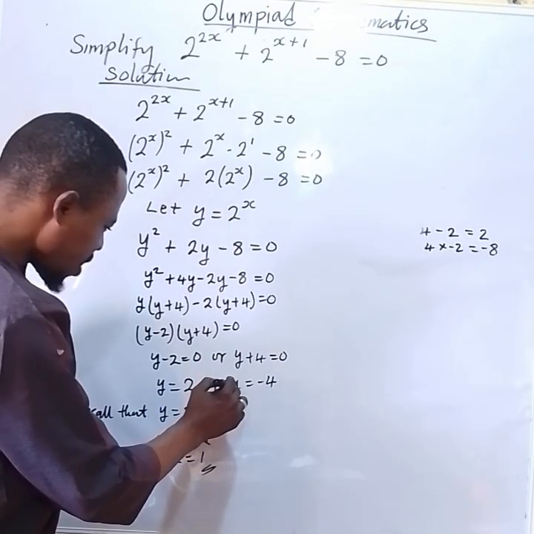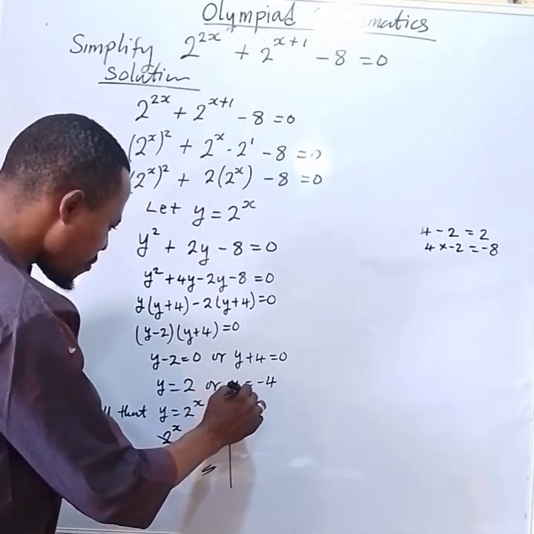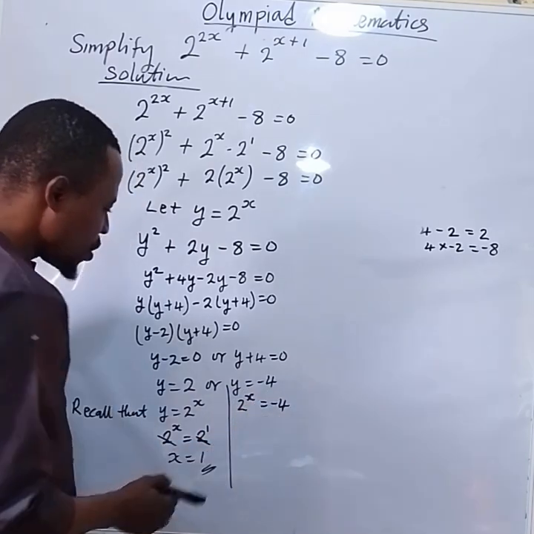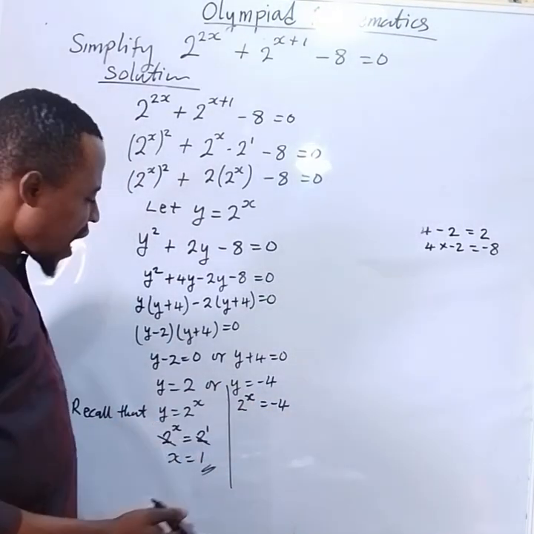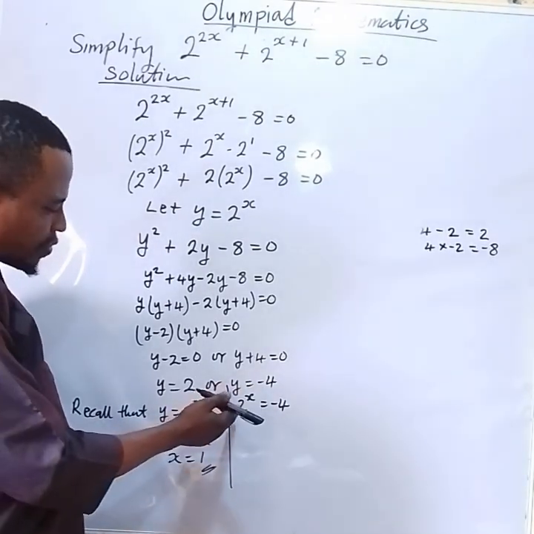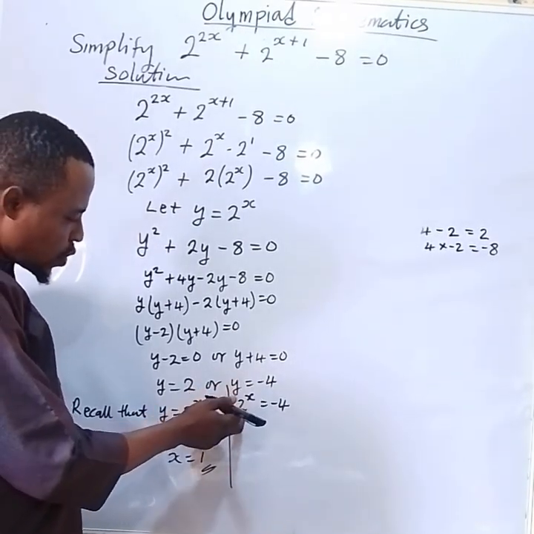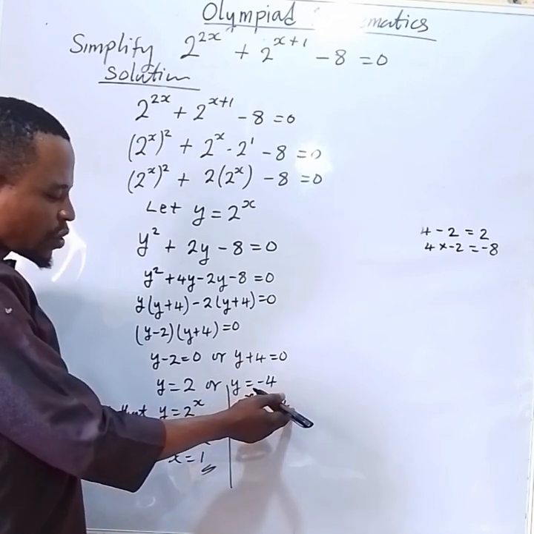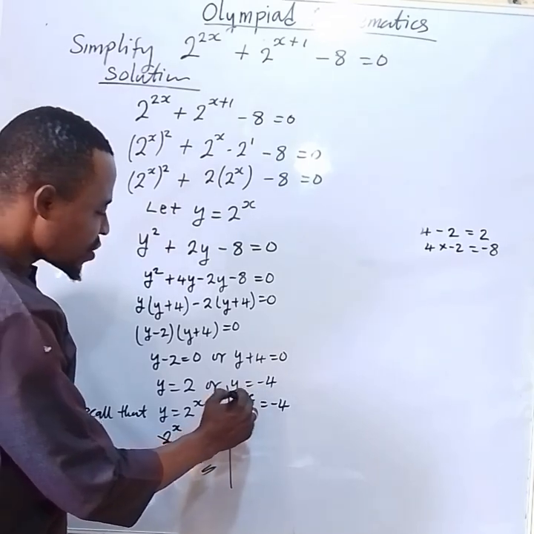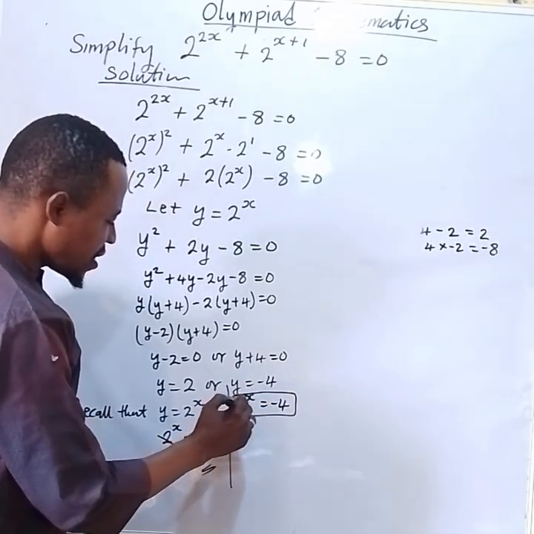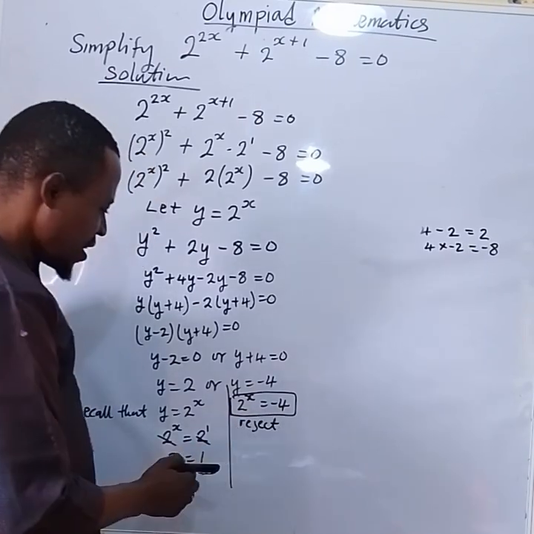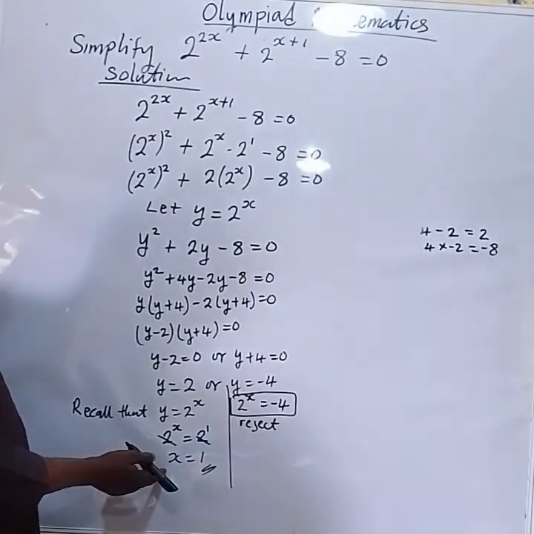Then you check the second one, where we have 2 raised to power x equals minus 4. In this case, 2 raised to power 2 can never equal minus 4, and 2 raised to power 1 can never equal minus 4. So we reject this answer. Then this one is the correct answer.